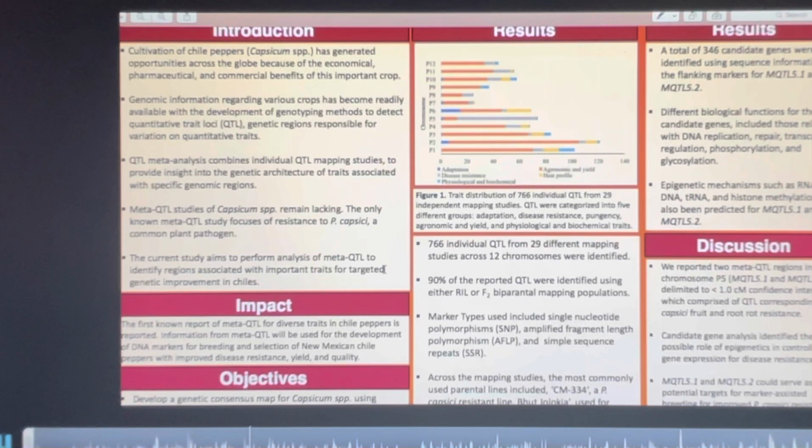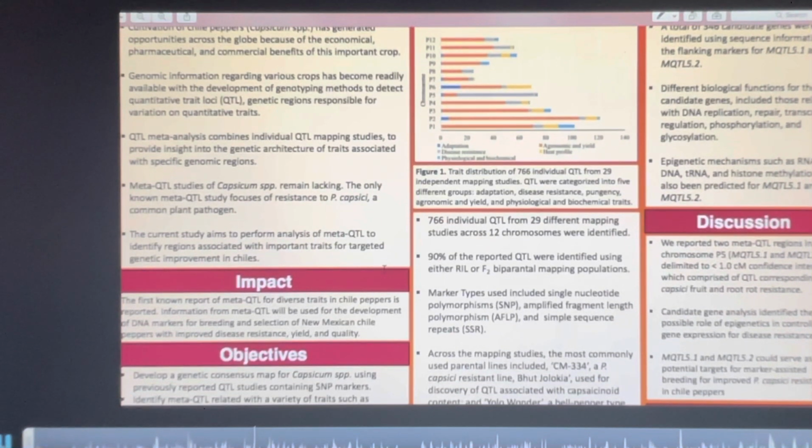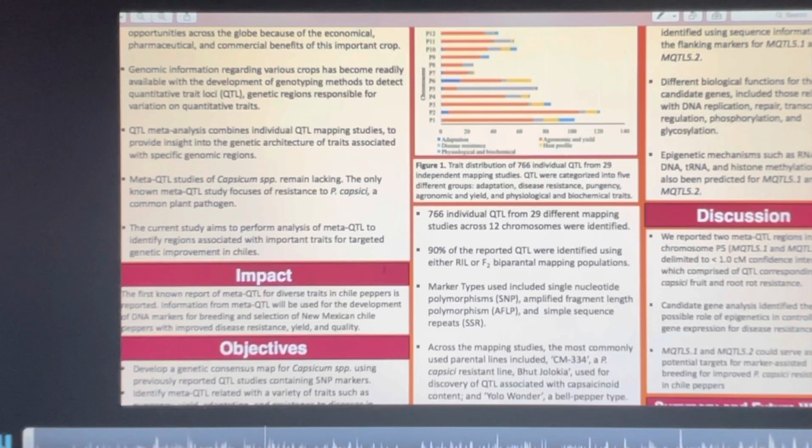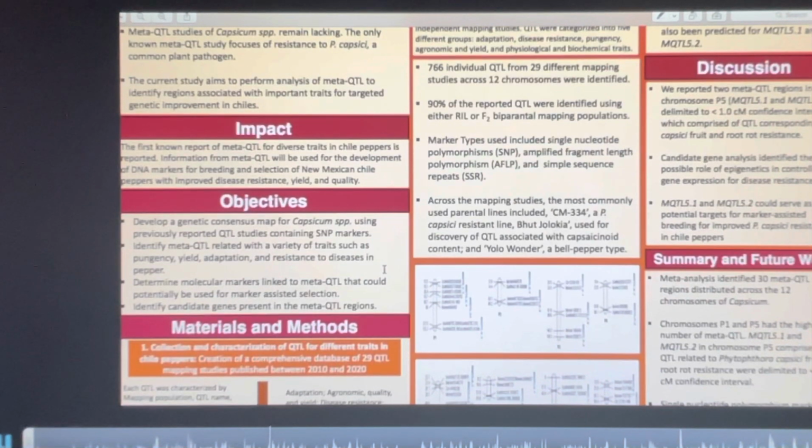Information identified from the study will be used to further develop DNA markers for improved breeding and selection of New Mexico chilies. The aim of this study was to develop a genetic consensus map for Capsicum species, identify meta-QTL related with various traits, determine molecular markers linked to meta-QTL, as well as identify candidate genes present in meta-QTL regions.